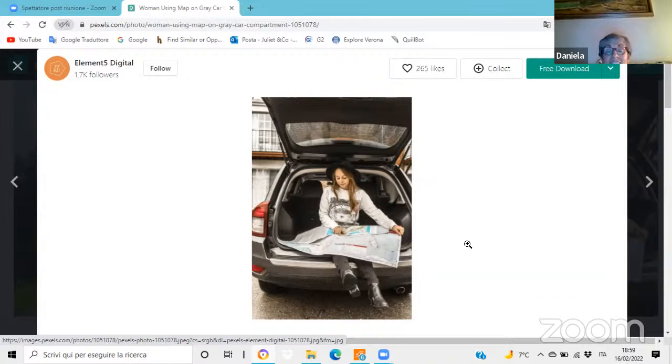Yes, unfold, and so she wants to take time to just look all around and find the place she's searching, and the back of a car is a comfortable place to sit and be outside at the same time, especially if it's raining.